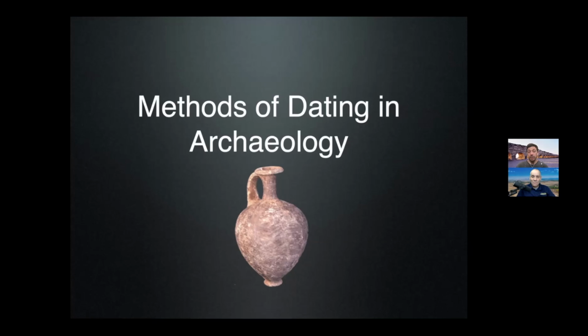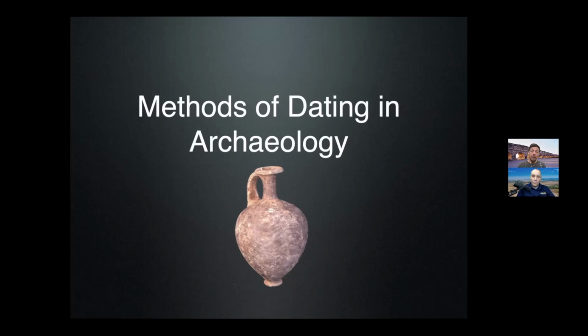You're right. Dating and looking at pottery and other things that help us come up with dates isn't the most exciting thing, but it's actually one of the most helpful and useful things that we do in archaeology, because if we aren't able to date any of the things that we're finding, then how do we connect them to historical events?